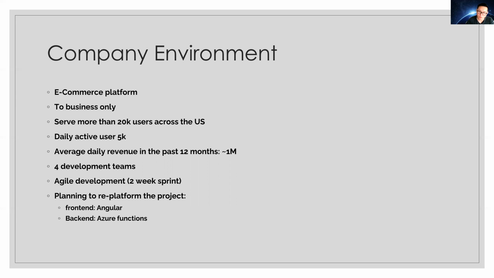We do agile development with 2-week sprints. Our plan for the next stage is to replatform the whole website to a front-end Angular and a back-end Azure Functions, which is a microservice structure.